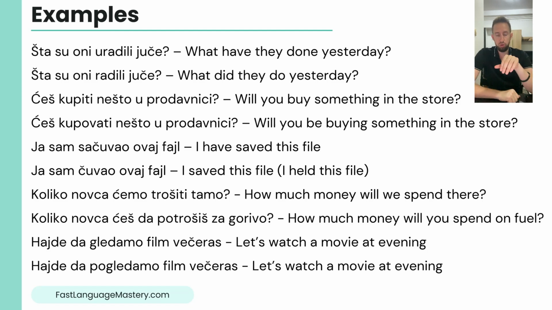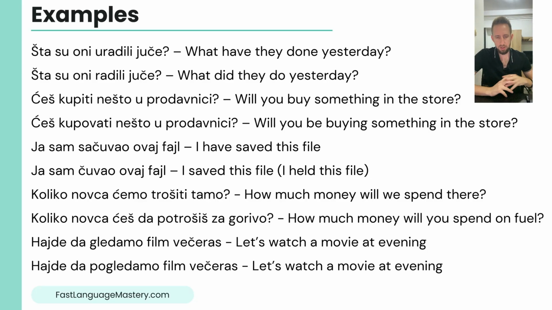So, ja sam sačuvao ovaj file, this is a result of action, an action with result. The file has been saved. And then, ja sam čuvao ovaj file, the file has been kept in the process. Not saved, but kept. So this is a process of action.